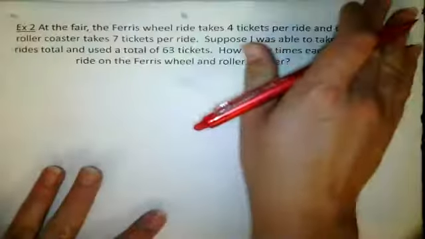Ladies and gentlemen, what do we do first? What do we need to do first? Where should I look? That's the question. Look at the question, because the question is telling us what we need to figure out.